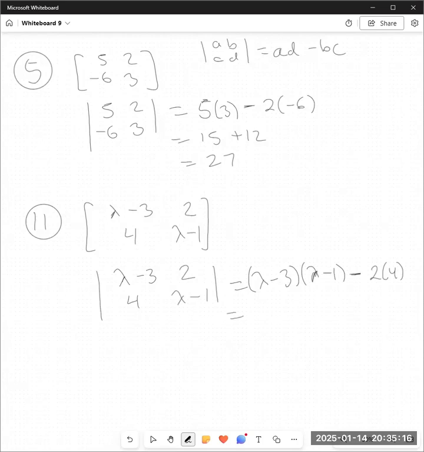So we're going to have lambda times lambda is lambda squared. Lambda times -1 is negative lambda. -3 times lambda is -3 lambda. -3 times -1 is +3. -2 times +4 is -8. So we end up with lambda squared minus 4 lambda minus 5.